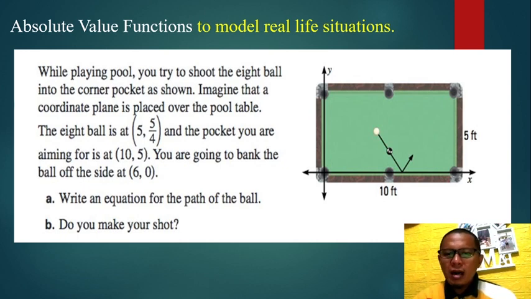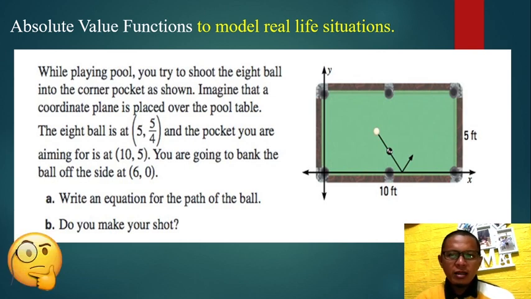You are going to bank the ball off the side at 6 and 0. So, write an equation for the path of the ball. And the question is, do you make your shot?